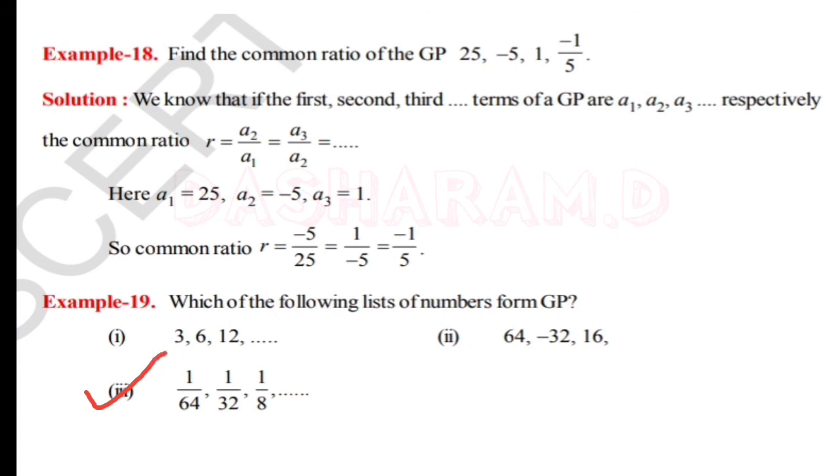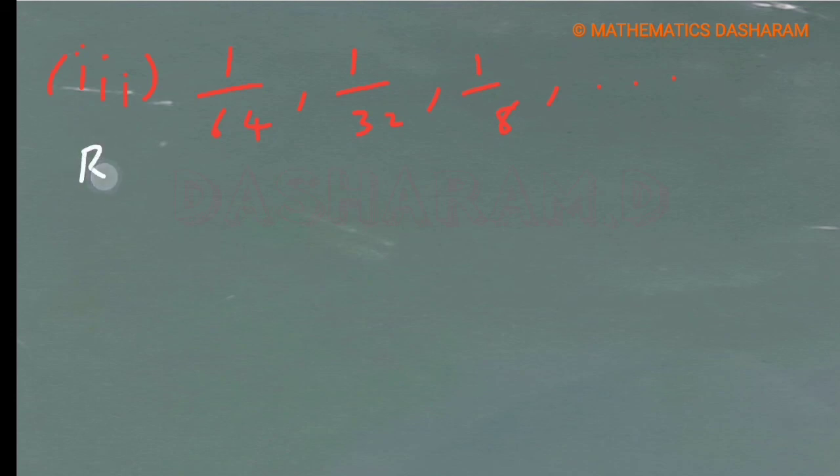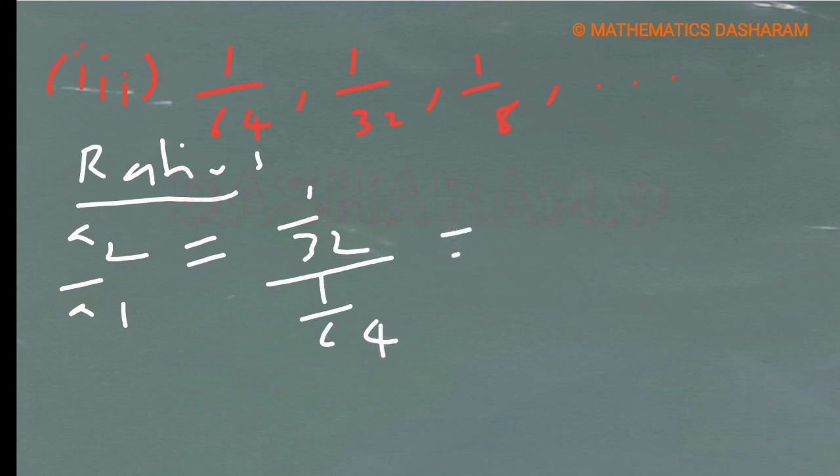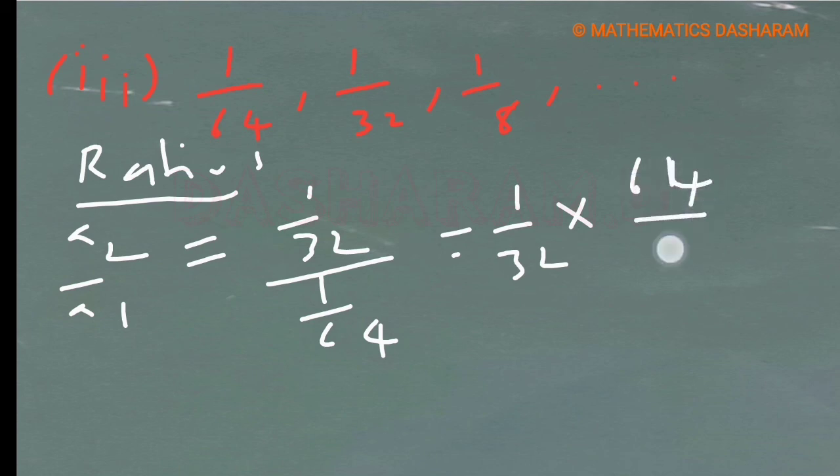Next, third question: 1 by 64, 1 by 32, 1 by 8, and so on. Here the first ratio is A2 divided by A1. A2 value 1 by 32 divided by 1 by 64. It is a division of two fractions. Division of two fractions converts into a multiplication of the two fractions, so the second fraction will be reversed.